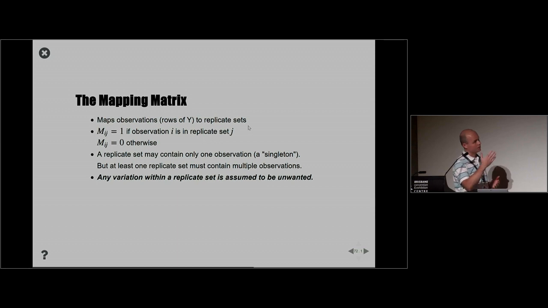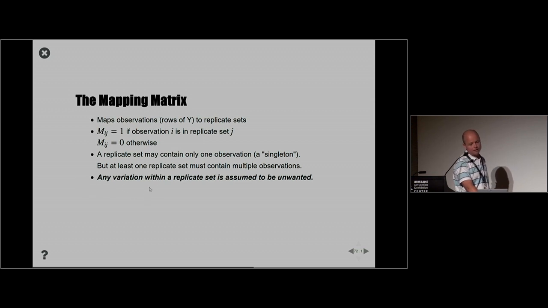Each tissue sample will be a replicate set. And in each of these replicate sets, there will be three arrays. Okay, 3 observations. So the way this matrix is defined is the ijth entry is equal to 1 if observation i is in replicate set j, and it's equal to 0 otherwise.